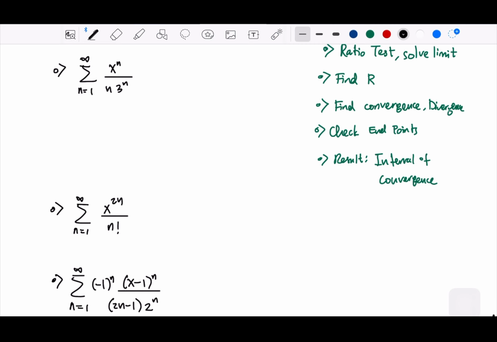Okay, perhaps for the first question, let me describe in more detail. So take the ratio test. Maybe not all questions will be solved, so maybe two questions here. So take the limit and take the ratio.